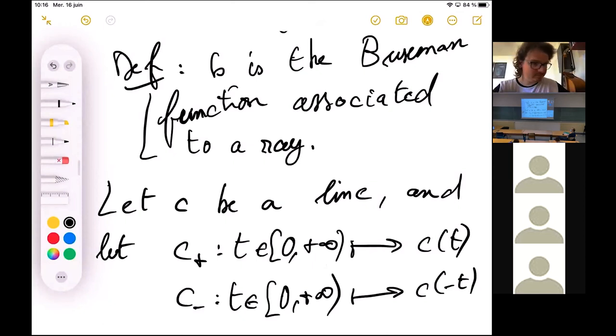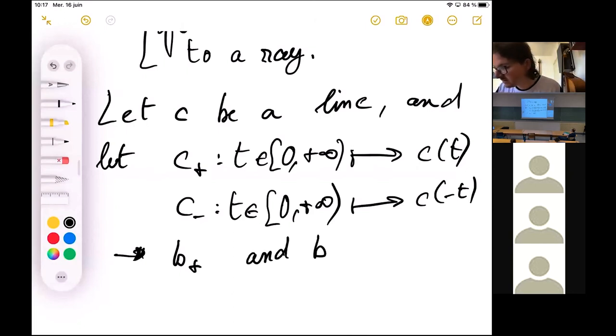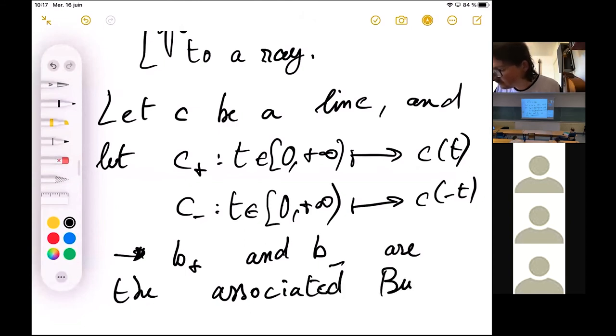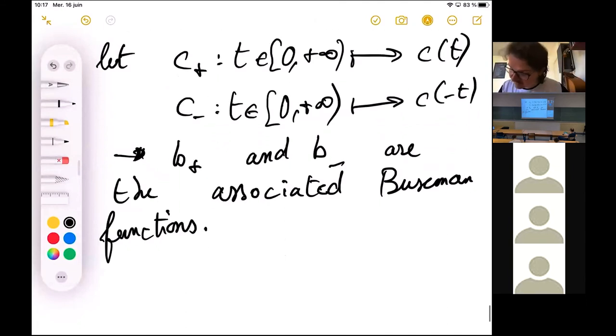So what can we say about those two functions? I have b plus and b minus, the associated Busemann functions.